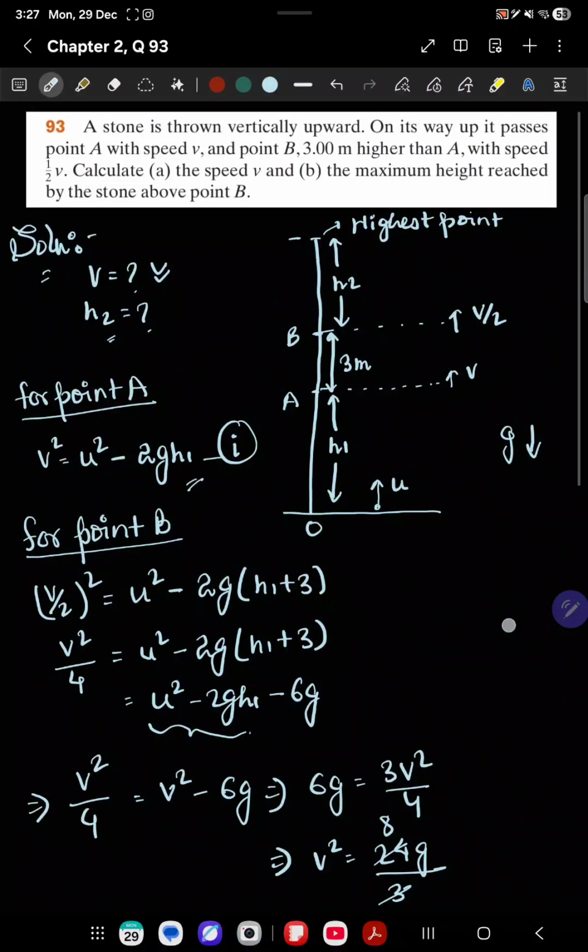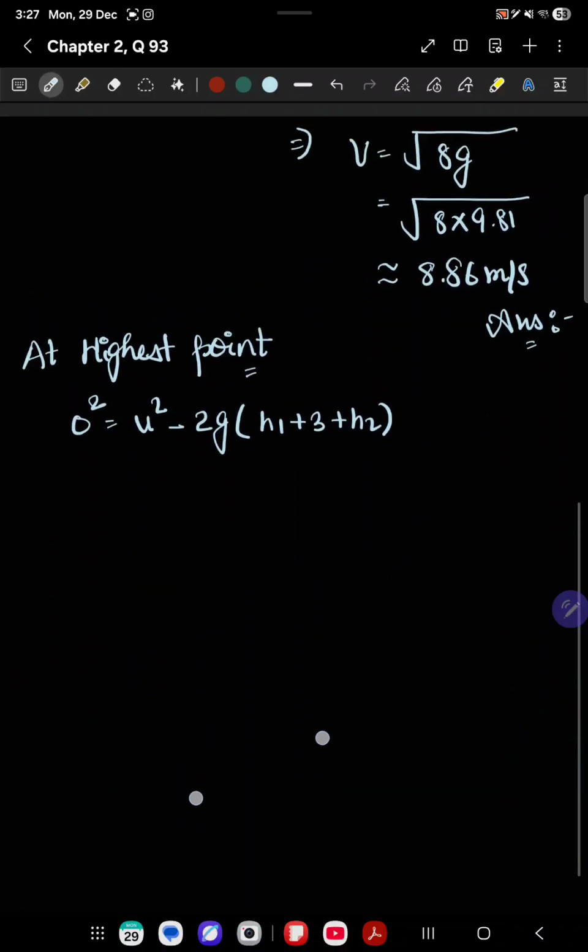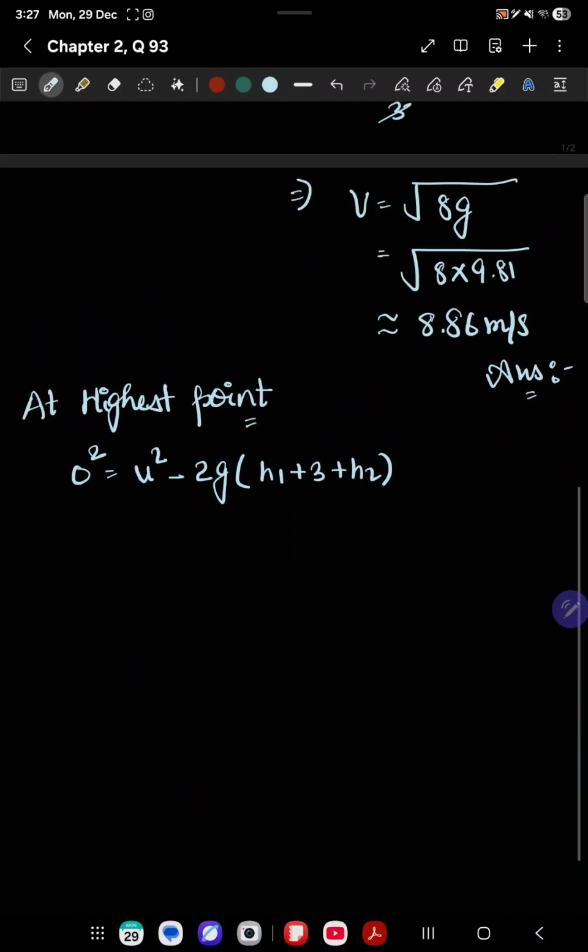As we can see, this h1, this 3 and this h2.